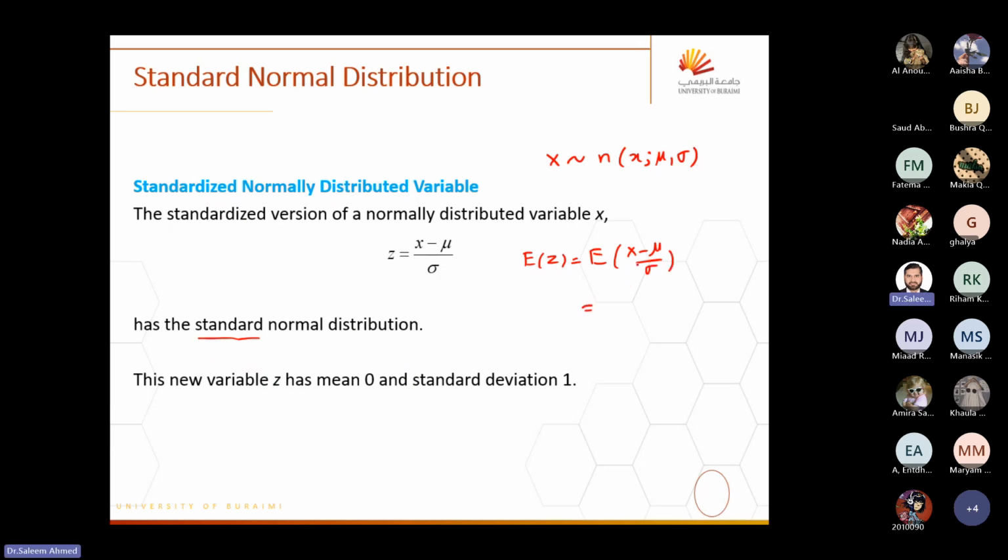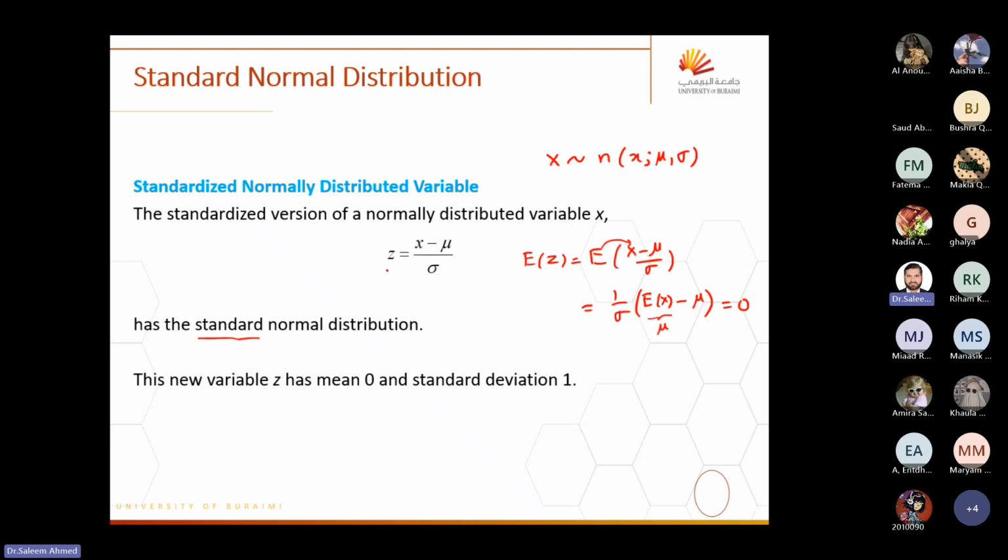And we know that expected value is linear. It means I can write the constant outside and the expectation will go inside. Expected value of x minus mu, and mu will remain mu because it's a constant. And now you know that expected value of x is also mu. So mu minus mu is 0, and 0 by sigma is always 0.